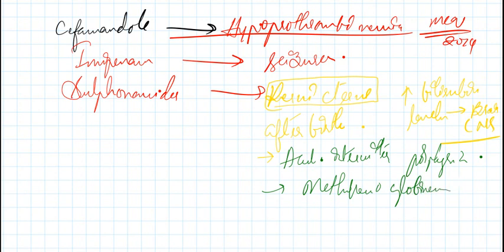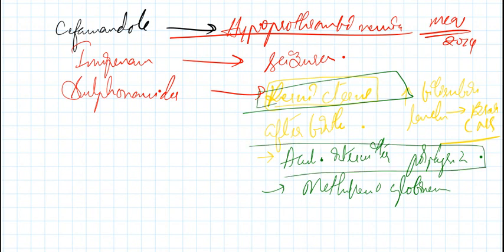Okay, so sulfonamides causing kernicterus as well as acute intermittent porphyria, these two things you should remember. And cefamandole causing hypoprothrombinemia is very important. It can be an MCQ this year.